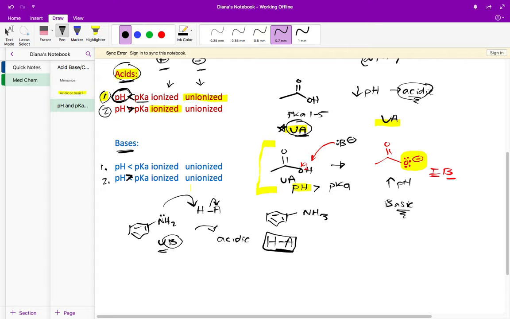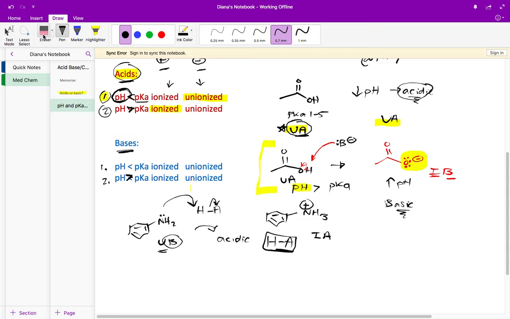So in other words, it's going to have this ionized form where you're going to have a positive charge on that nitrogen, and it's going to be an ionized acid.